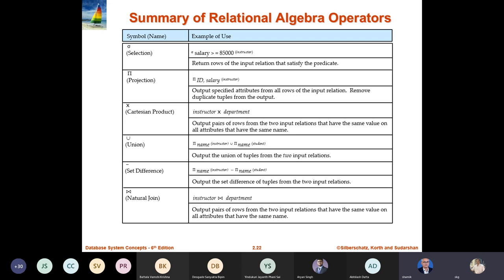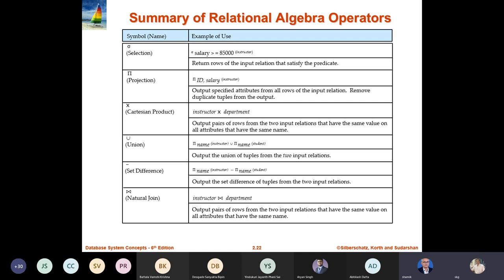But some of the things typically not supported by standard SQL are transitive types of things, like A implies B, B implies C, C implies D, so A implies D. Those are not directly supported by SQL, and we need to do some other things to work on them. Like finding connectivity of traveling by different modes, say from here to Delhi, A to B, B to C, and things like that.